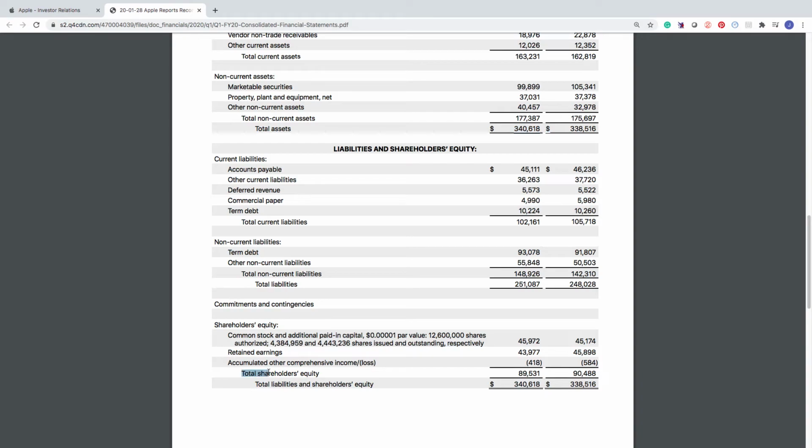And that's this line item right here called total shareholders equity. And that number is 89 billion. So what that effectively means is that Apple has a net worth of 90 billion. If someone came out and made an offer for Apple, then this is what the company would be worth.